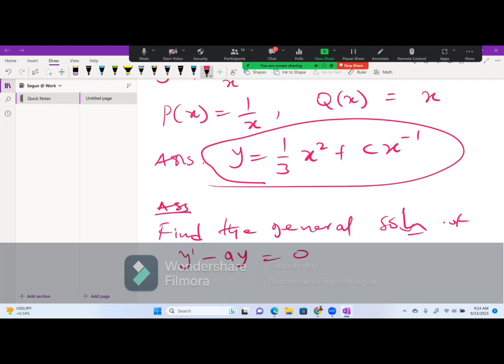Let me just allow you to do this one. I've not explained to you what we call the initial value problem. When we get to initial value problem, I will give you the complete question. So just solve this one. It's part of your exam past questions.